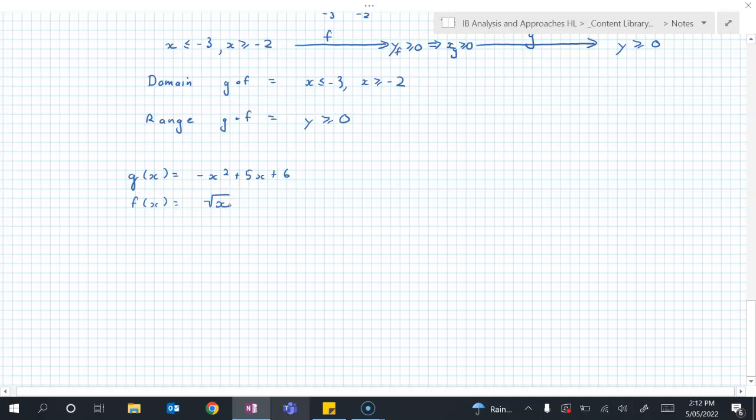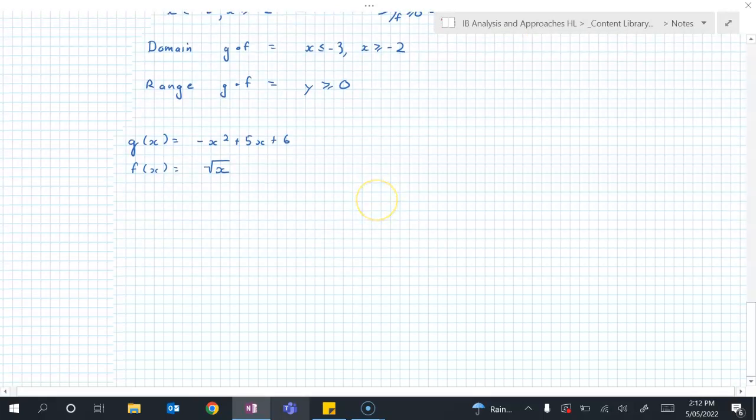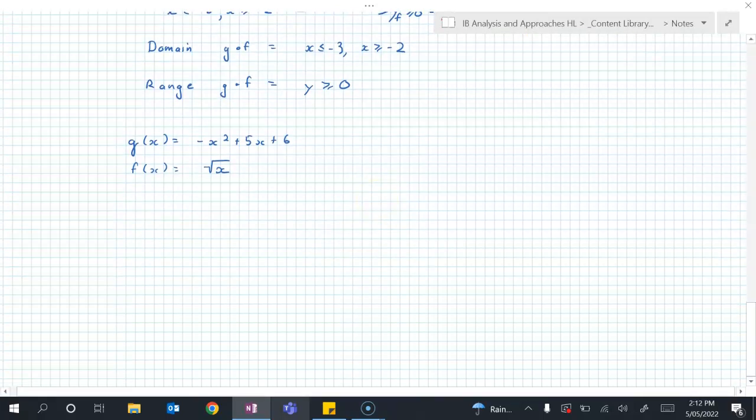Okay, now for this one, let's just do one of the compositions, but let's write down the domain and range first. So the domain of g is x of g. What values would I put into g? Well, I can put all real values into g.